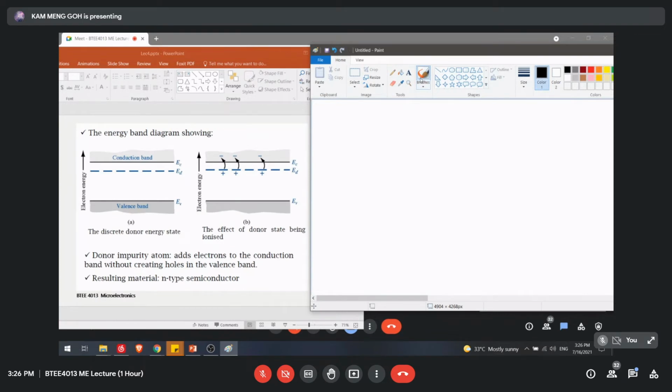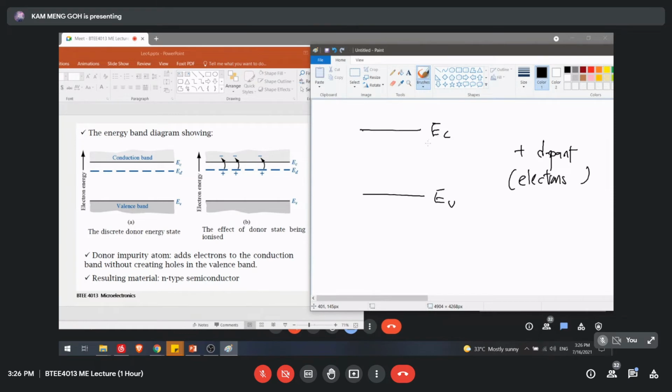So why are we going to need this? For example, originally your conduction band is here, EV is here. Let's say you are trying to add some dopant. When we are talking about dopant, we are adding extra electrons inside there.